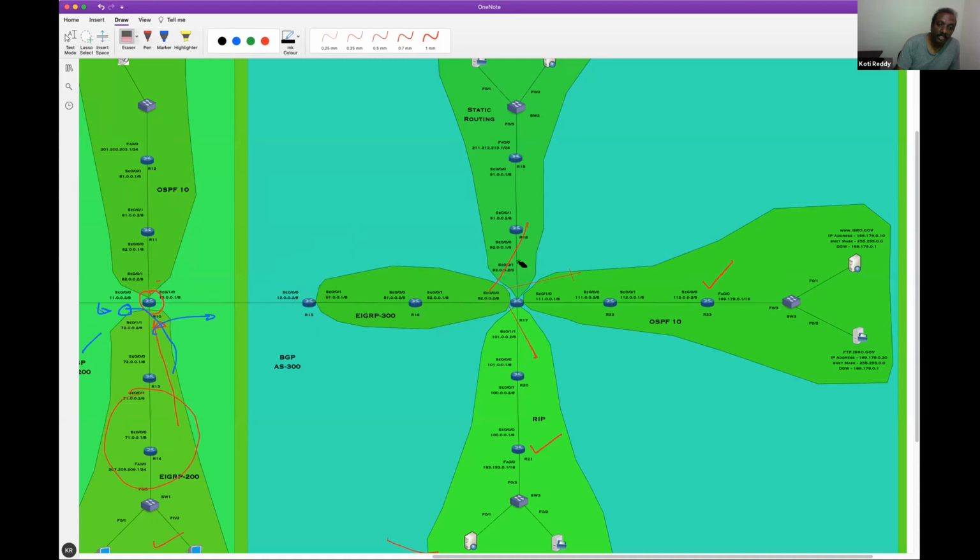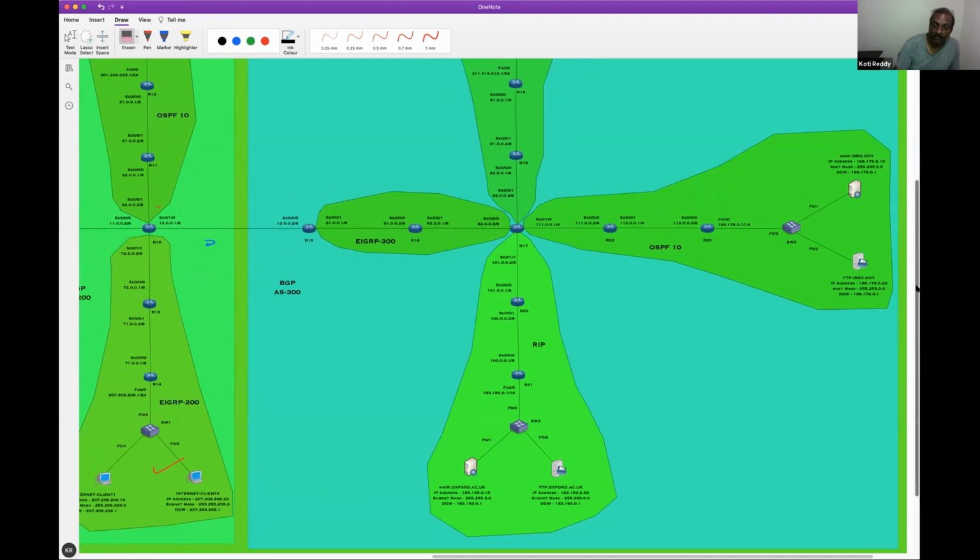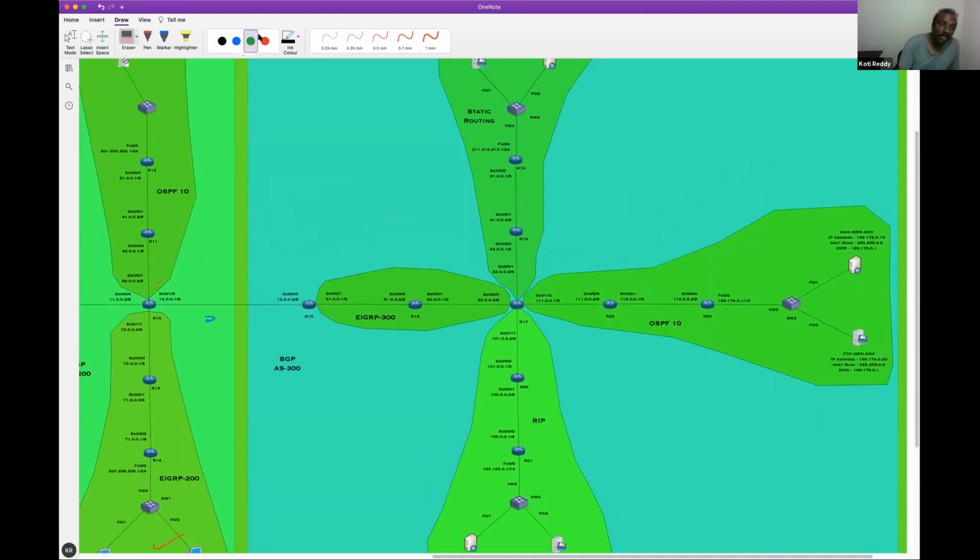ISP3 routes would have come till the border router of ISP3. Who is the border router of ISP3? We have R15. R15 is the border router of ISP3. There I should see the 90 series and also 100 series and also 111 and 112. Let's go to R15 and see these routes now.